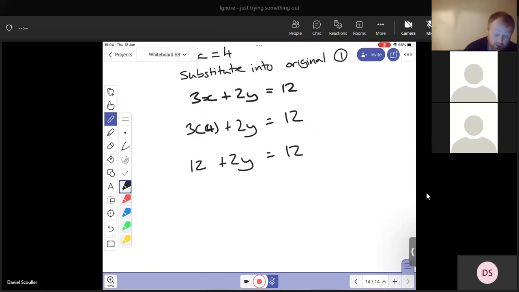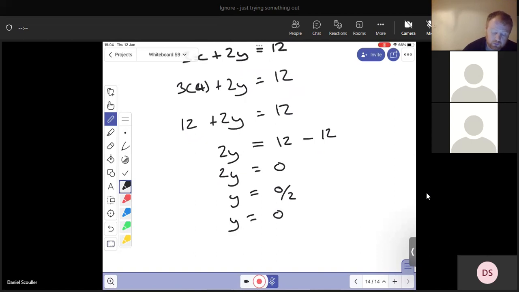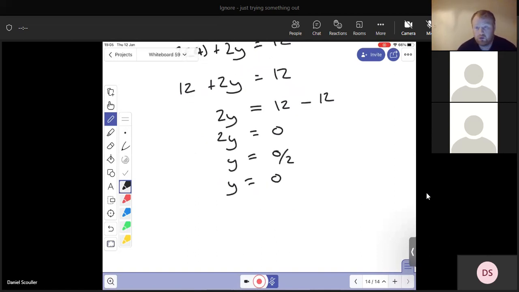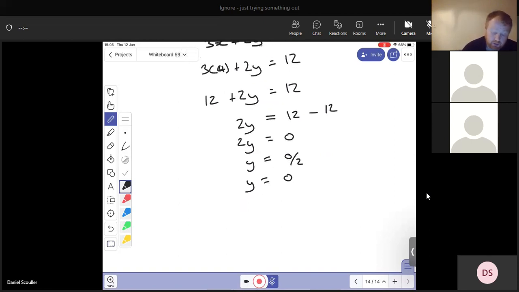So y is going to equal 0. 2y equals 12 minus 12. 0 divided by 2 is going to be 0. So my solution, my answer, is x equals 4, y equals 0.